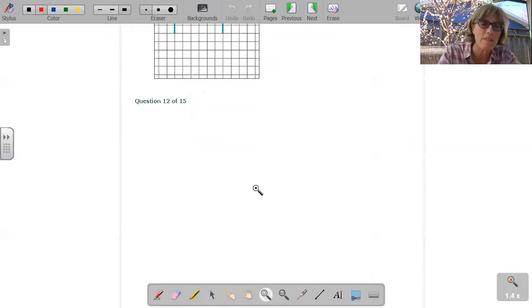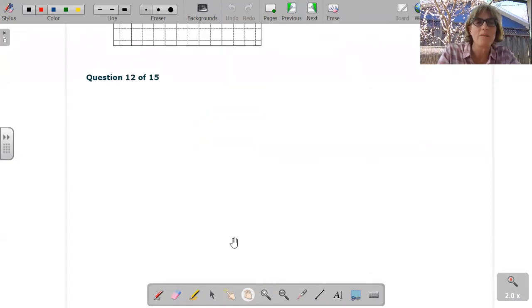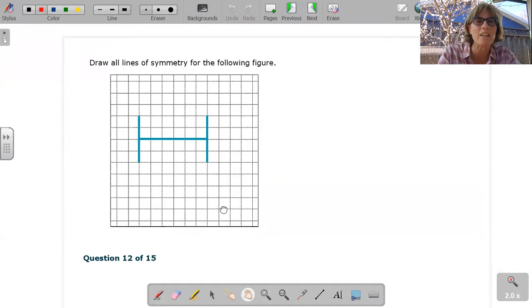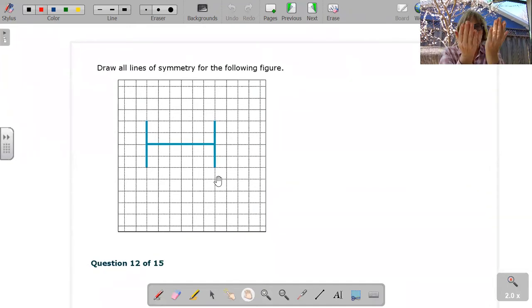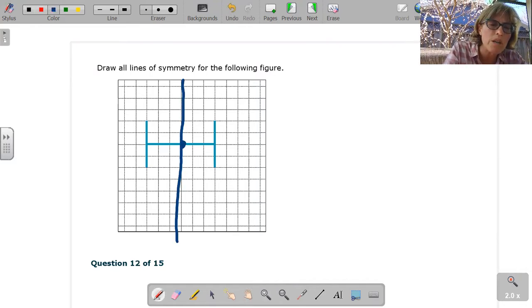Lines of symmetry. We're going to do this briefly in class. Lines of symmetry are really simple. Ask yourself if I can take the shape and fold it and get the exact same image. That's a line of symmetry. Wherever you can fold it and get the exact same image. For example, it is obvious that I have one line of symmetry here.